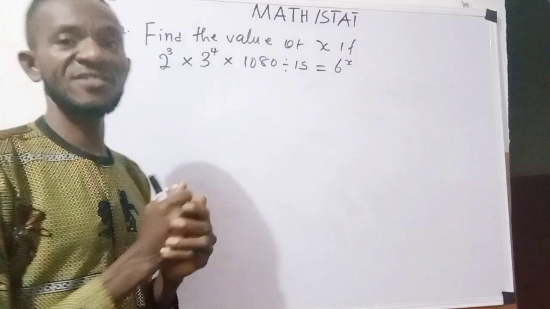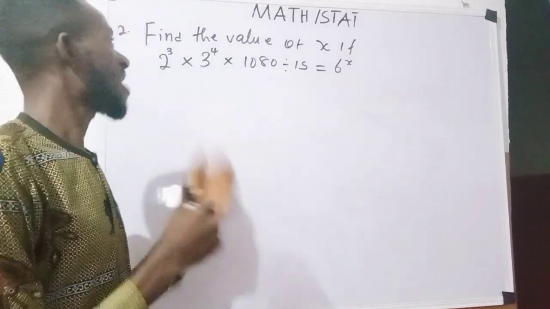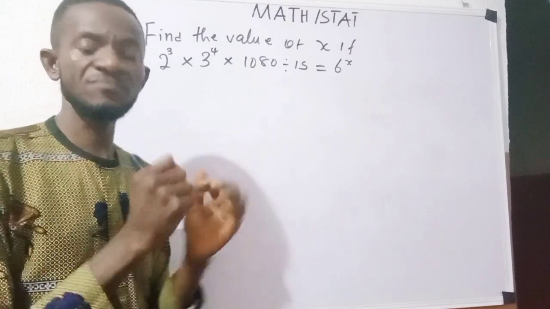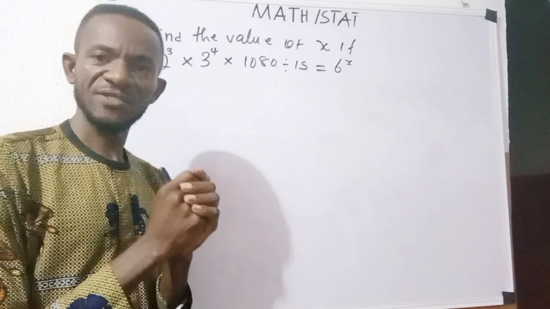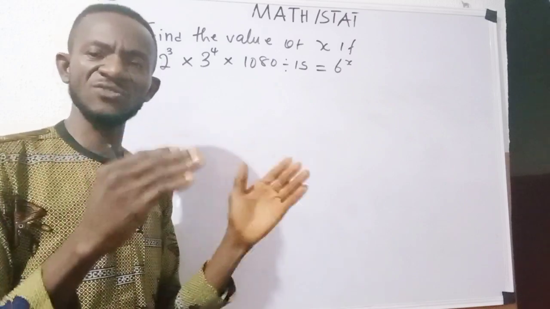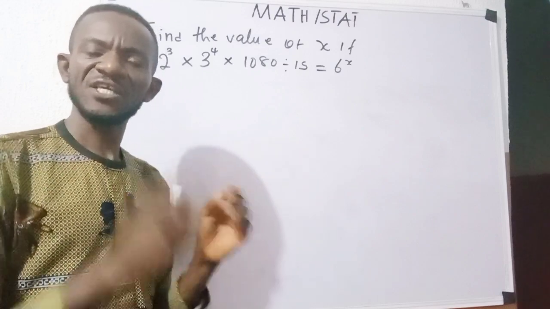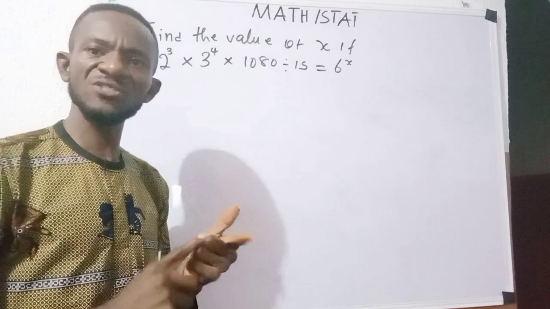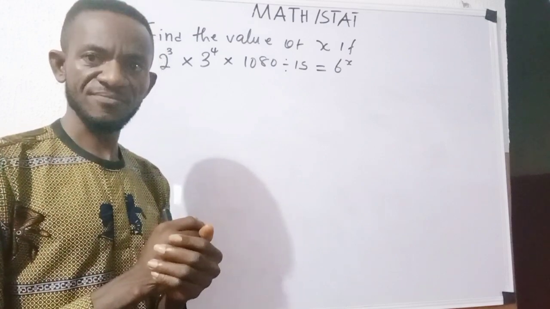But before we tackle this problem in indices, definitely we are going to recall a very important acronym in mathematics called BODMAS, which is a rule that guides evaluation of expressions in mathematics involving brackets, of, division, multiplication, and subtraction.